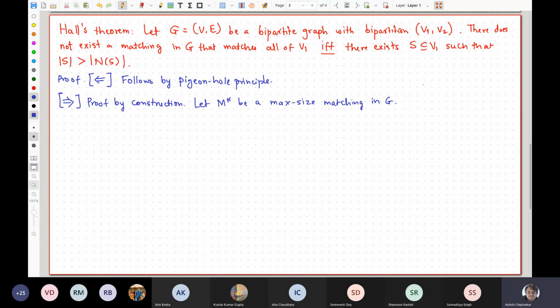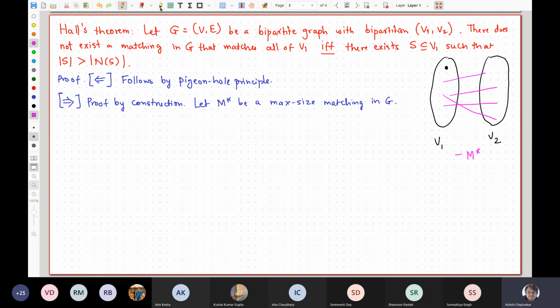Right, so let's draw a diagram maybe. This is your V1, this is your V2. M star is going to leave some vertex over here unmatched. So M star could be something like this. This is your M star, and it's going to leave at least one vertex unmatched.